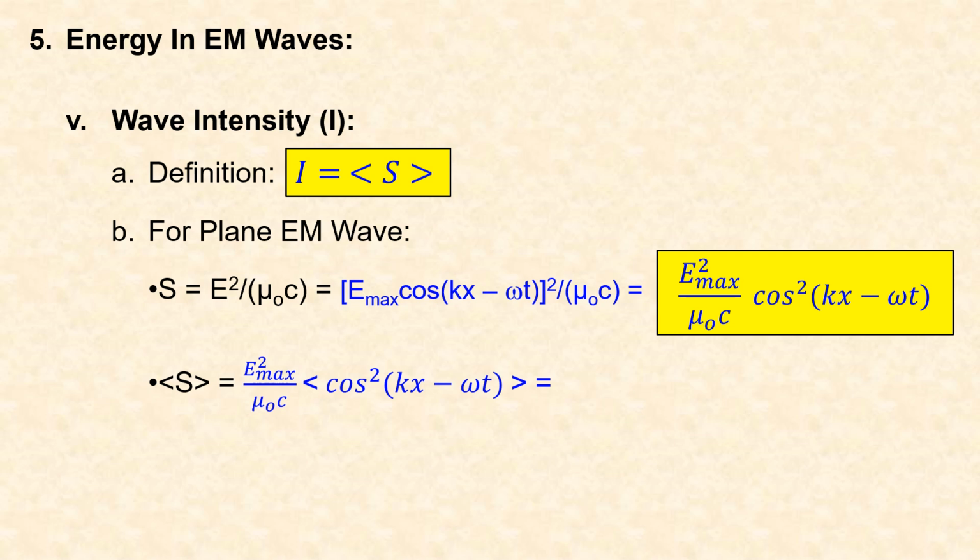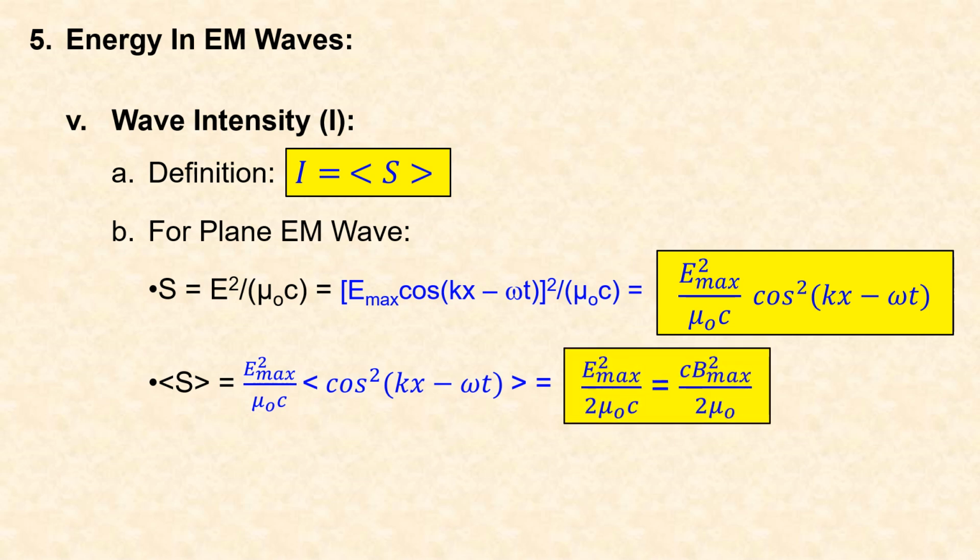So substituting a value of 1/2 in for cosine squared of kx minus omega t, we come up with this expression for the average value of the Poynting vector, which is really a measure of the wave intensity. We can express it either in terms of the amplitude of the electric field, as E max squared over 2 mu naught c, or equivalently in terms of the amplitude of the magnetic field, as c times B max squared over 2 mu naught.